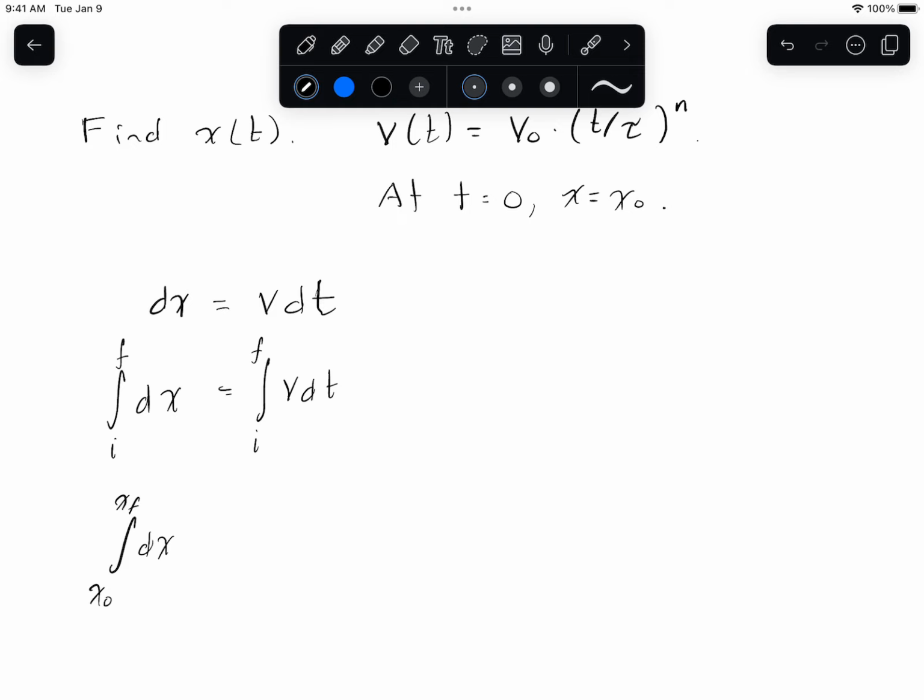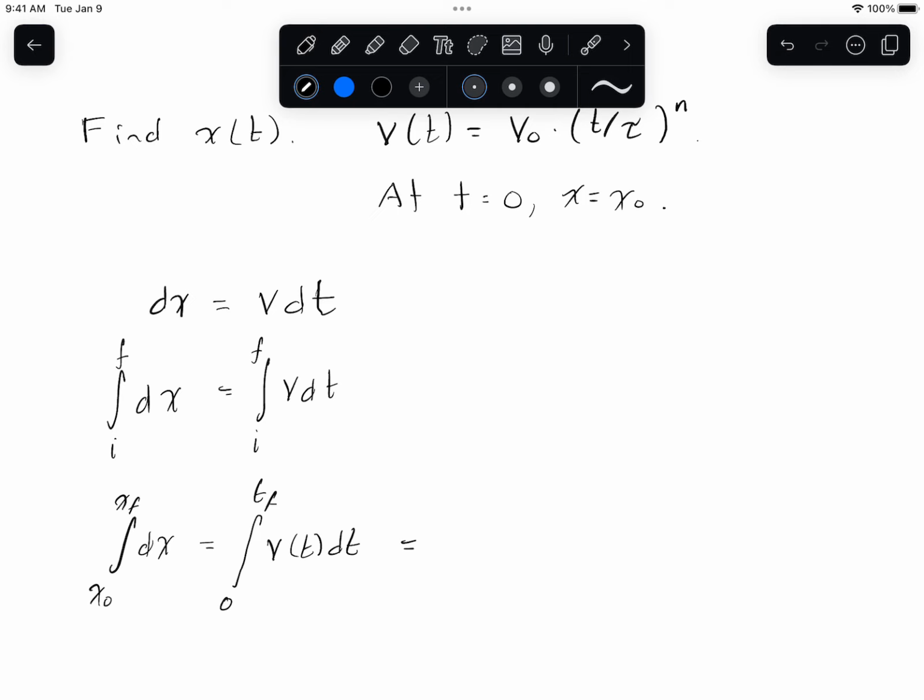So that's going to be the integral on the left-hand side. And on the integral on the right-hand side, what am I going to get? Well, at the beginning of the story, the initial time is 0, so the bottom limit is 0. And the final time is tf, whatever it is. So v of t dt.